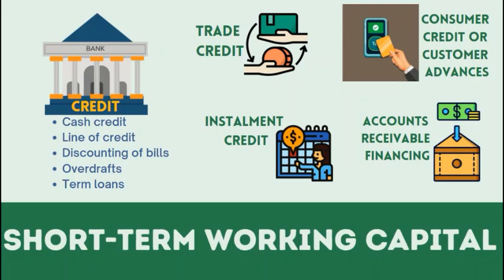Installment credit is known as consumer credit. It is usually allowed by retailers for selling consumer durables like television sets, fans, radios, refrigerators, washing machines, scooters, motorcycles, cars, etc. Some portion of the cost price of the asset is paid at the time of delivery, and the balance is paid in a number of installments along with interest.